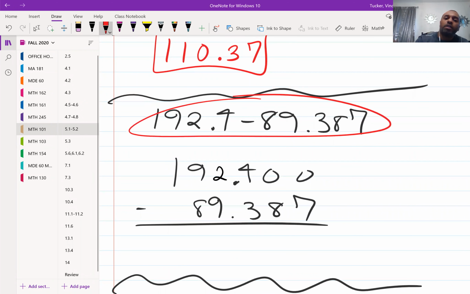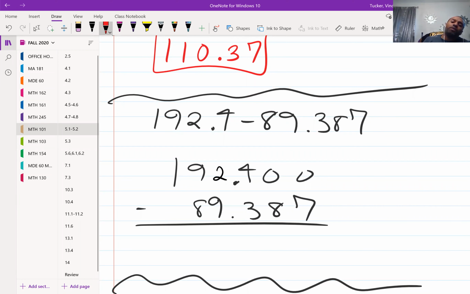They give us this, 192.4 minus 89.387. Use zeros as placeholders. The 192.4 goes to the tenths place, and the 89.387 goes to the thousandths place, so we need to add those zeros.